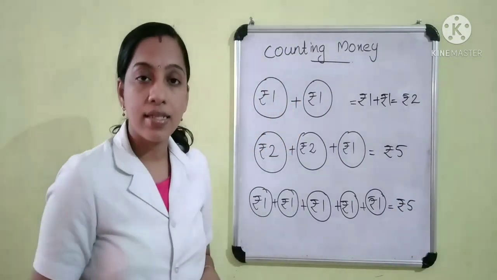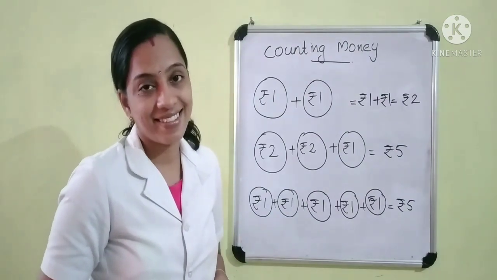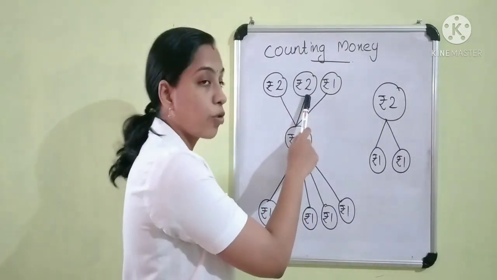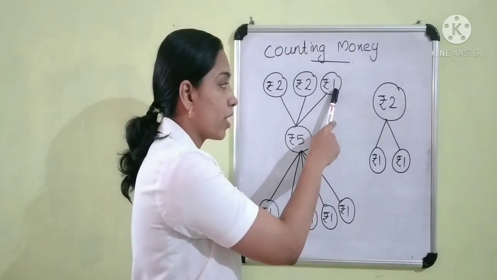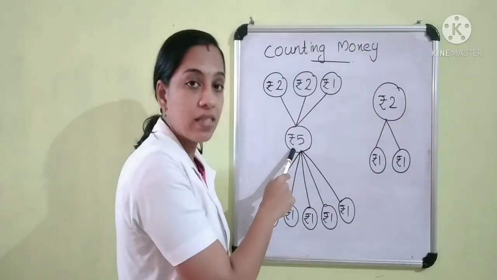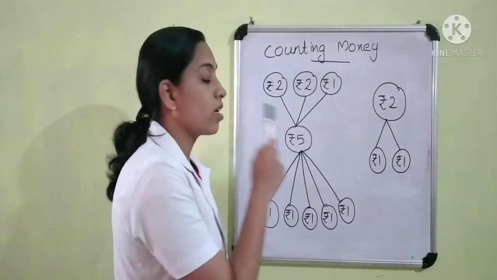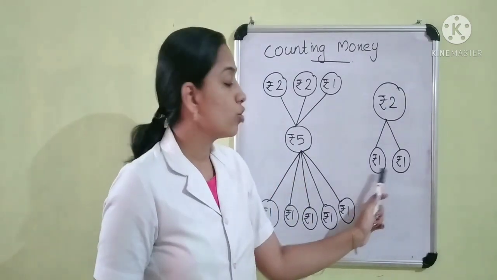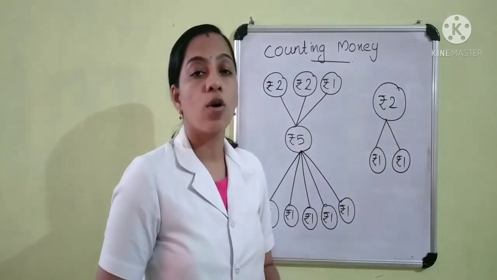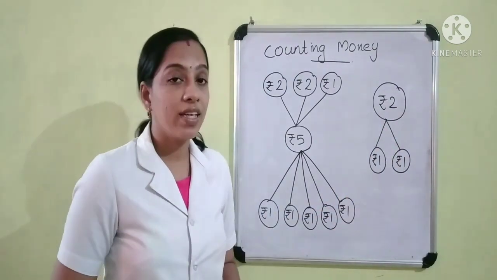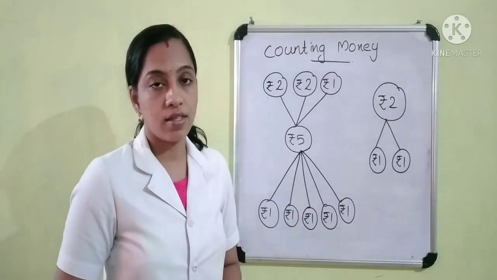Is it clear children? Yes. That is two 2 rupee coins and a 1 rupee coin make 5 rupees, and also five 1 rupee coins make 5 rupees. Then two 1 rupee coins make rupees 2. Now we learn how to count the coins.